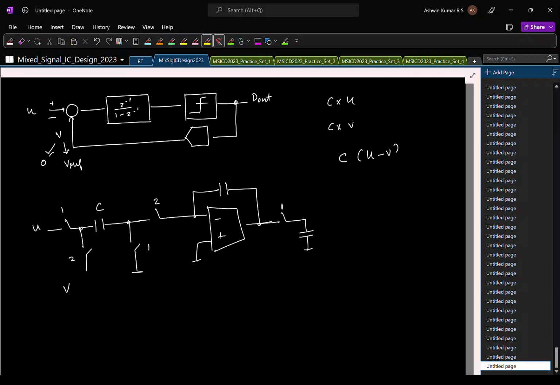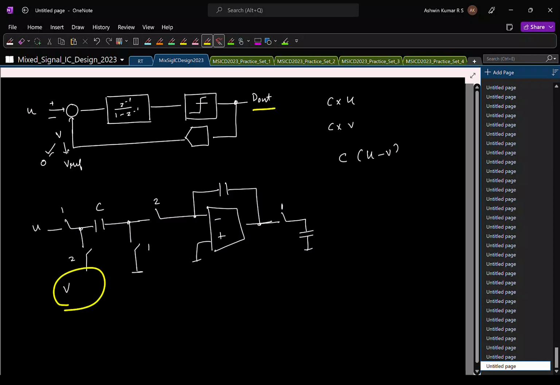V can take only two values, 0 or VREF, depending on the digital data DOut. So how can I make this? We have two switches, we saw it in the pipeline also. So you have VDD, this is when DOut is 1, you connect it to ground.